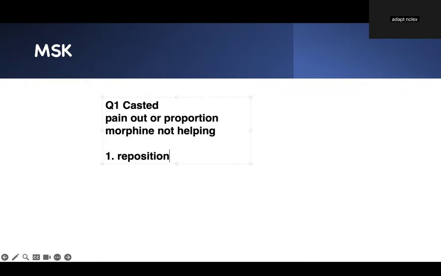Reposition the leg? Call the provider, right? Apply ice? Or give them more medication? Of course, we've already seen this. This is compartment syndrome. And what are we going to do? We're going to call the provider. Straightforward.